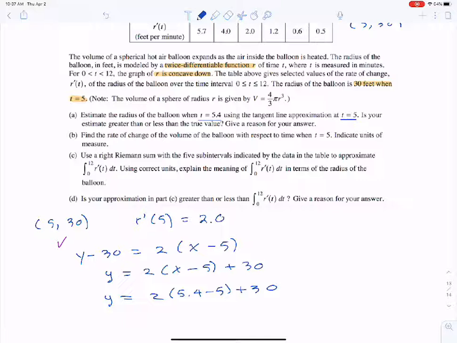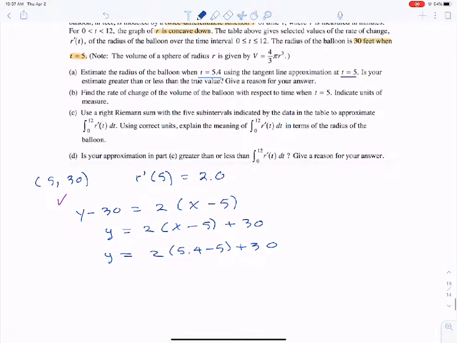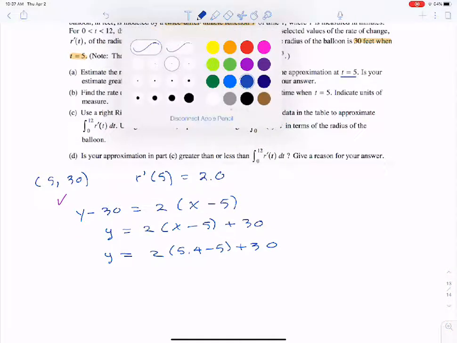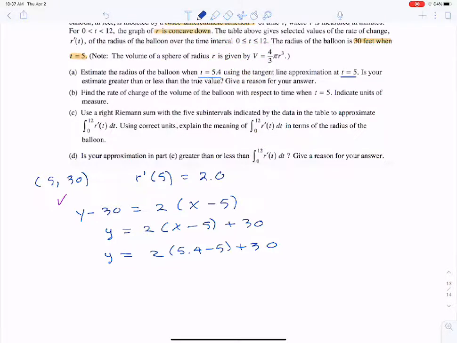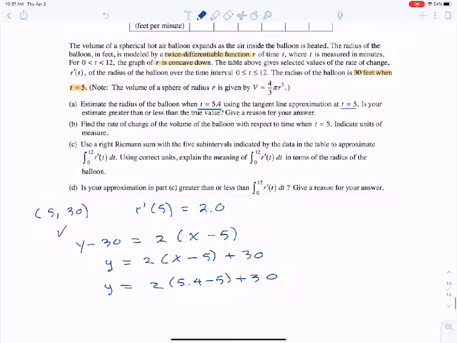If you want to simplify it, you can. So we get, what is that, 0.4, so 0.8, looks like 30.8 maybe? I'm kind of doing it in my head, so take that for what it is, but we don't need to. So I'm going to leave it like this because that way I can be right. So first off, before I continue and answer the second question, are we okay with finding the value of the radius at 5.4?